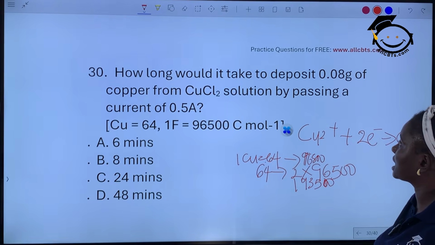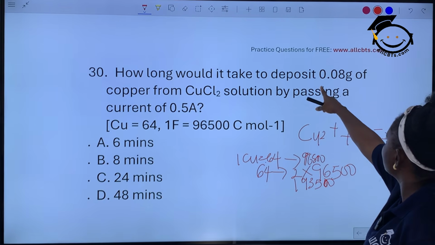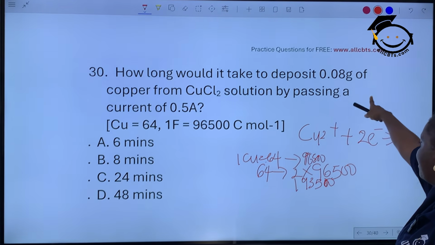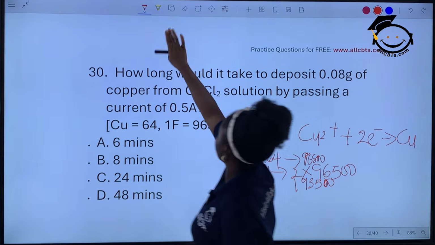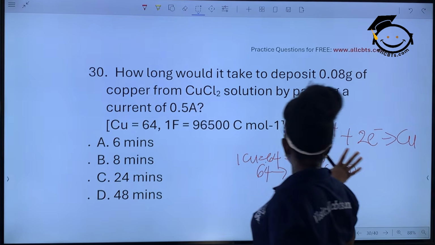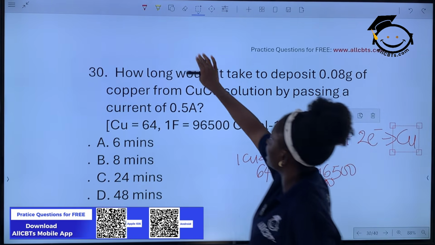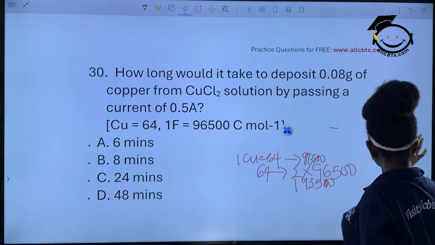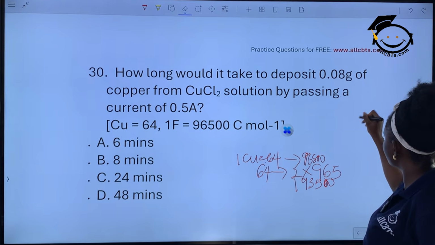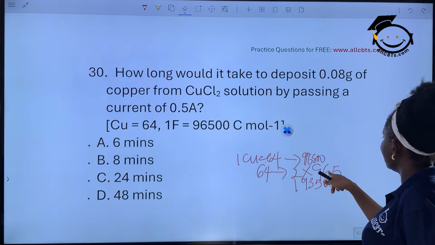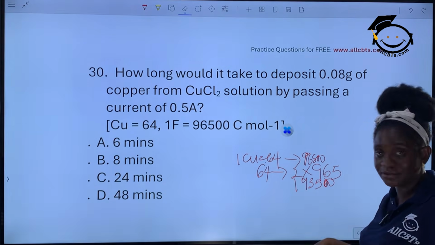Okay, how long will it take to deposit 0.8 gram? You've noted the equation. So let's answer the question now. We've calculated our copper. Since from the equation we have 2E and we've multiplied the Faraday that was given, we multiplied it by 2 to get 193,500.